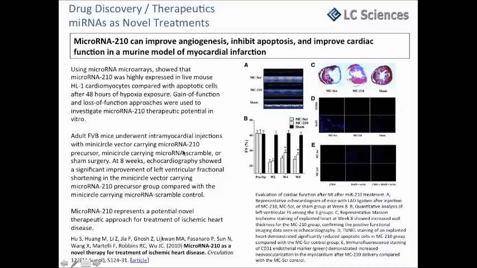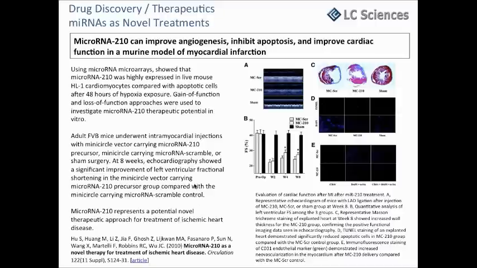And what was interesting then, the therapeutic step was basically what happens if you reinstate the expression levels of microRNA 210. So adult mice were injected with minicircle vectors carrying this microRNA 210 precursor, and the interesting result was that 8 weeks later, these mice showed significant improvement of the left ventricular fractional shortening in the minicircle vector carrying microRNA 210 precursor group, compared to the group that had just the microRNA scramble control.